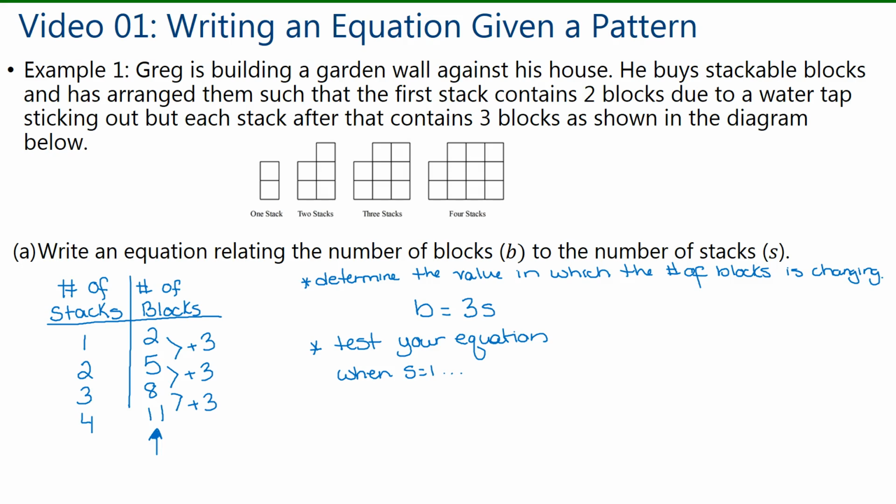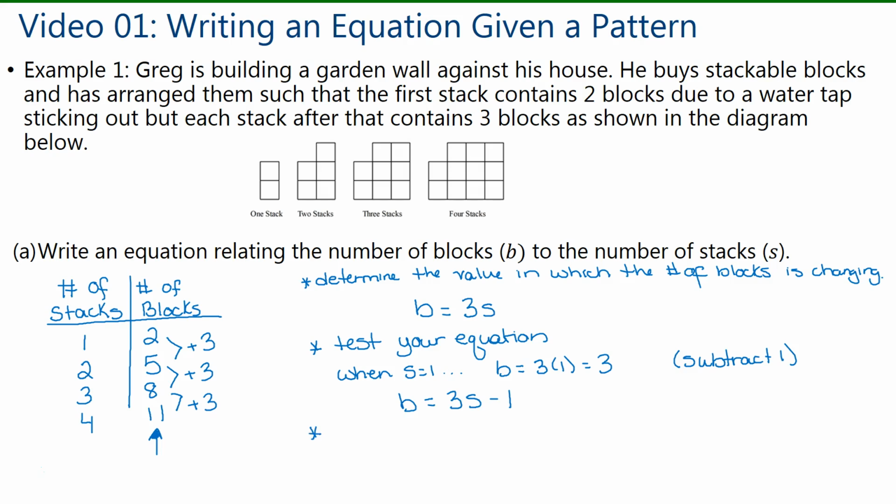When there's 1 stack, we should get 2 blocks. Let's see, B is equal to 3 times 1, which is 3. So our equation is not quite right. I only want 2 blocks and not 3. So I'm going to adjust my equation a little bit by subtracting 1. If I subtract 1, then I'll have 2, which is what I want.